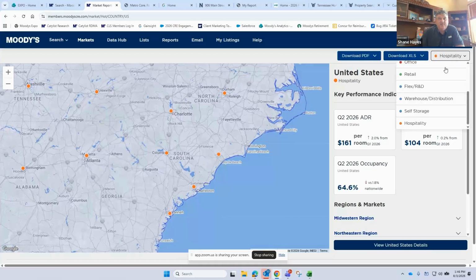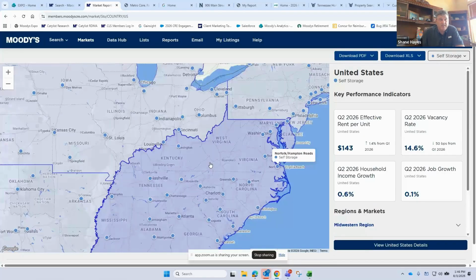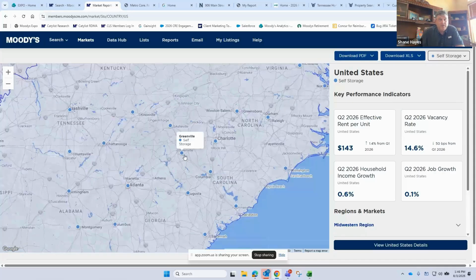So those are the different major classes over here. Your multifamily, office, retail, and warehouse distribution are going to be the 4. Self-storage, there will probably be a lot across the country. As I mentioned earlier, you have access to this information all across the United States.